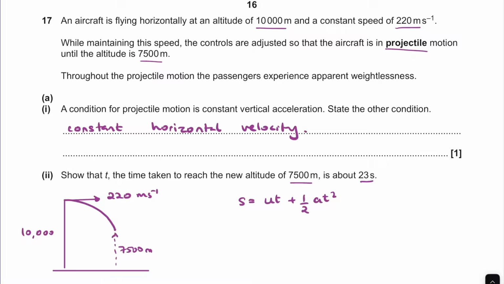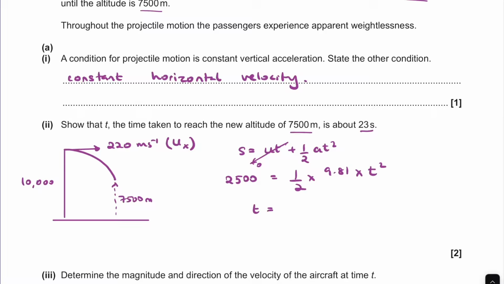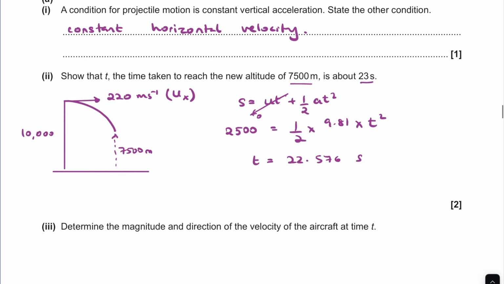There's a drop of 10,000 minus 7,500, so it covers a distance of 2,500 meters. The initial velocity vertically is 0. So that gives half times a, which is 9.81, times t squared. So t is therefore 22.576 seconds, and that is 23 seconds to two significant figures.